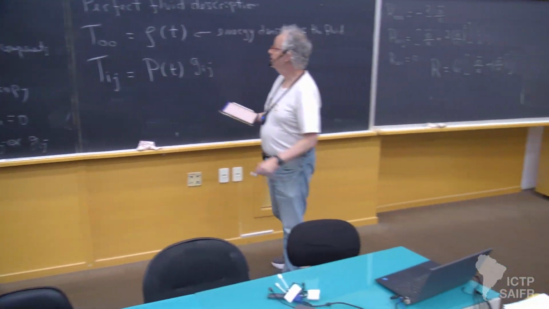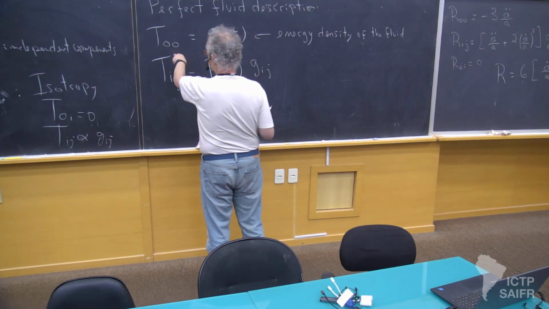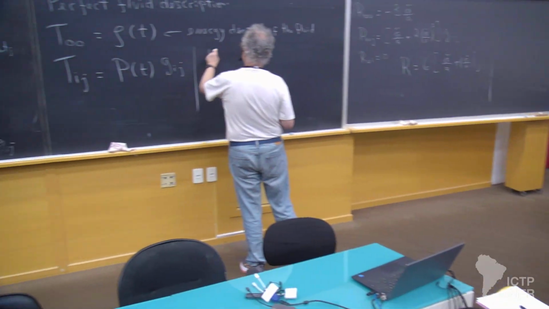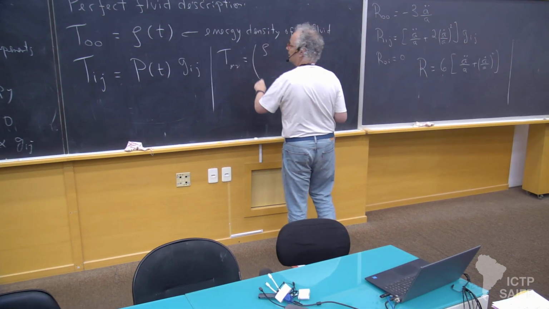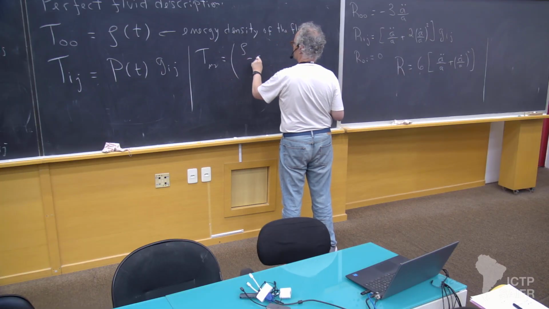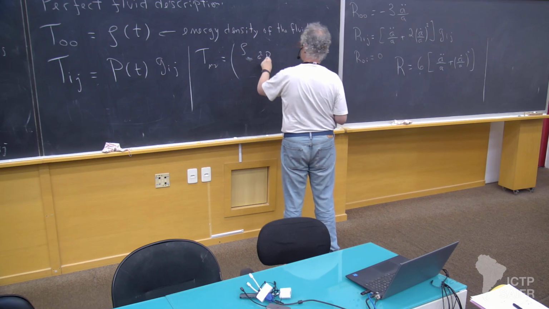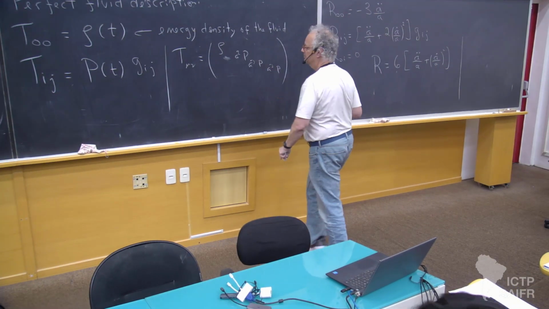So again, you see that this is consistent with isotropy and homogeneity of the universe. So you can write this, if you want, in a matrix form. So this would be rho, a squared P, a squared P, a squared P, because of the g_ij.